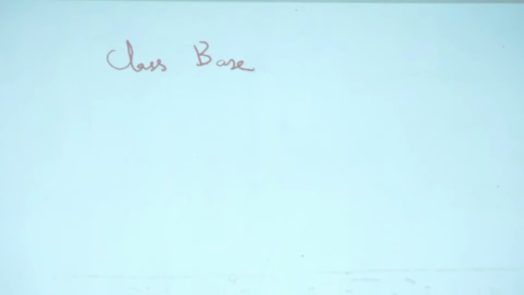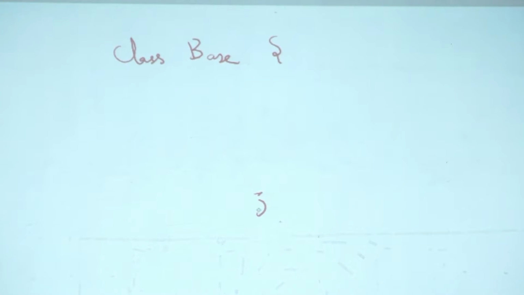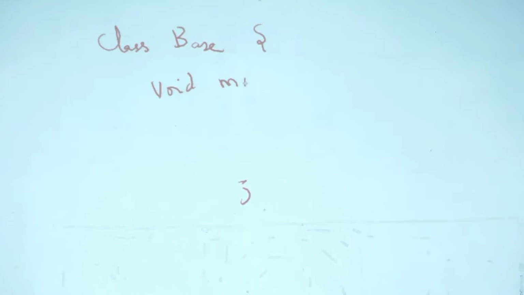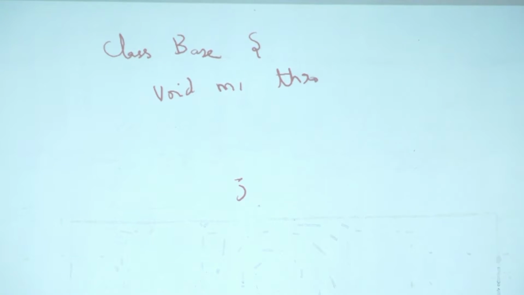So let's say you have a class Base and let's say it has a method M1, void M1, throws some exception, and we have the body for M1.